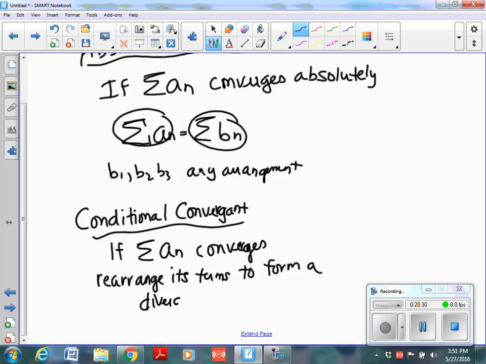It's kind of interesting, isn't it? If some series converges, you can rearrange it so it's in an order so that it can diverge.